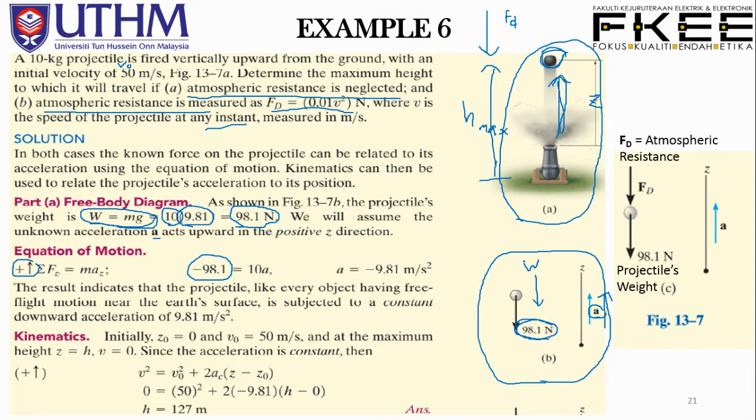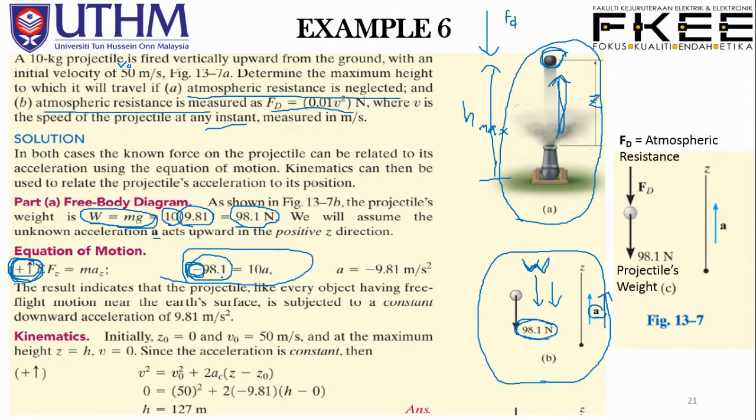The weight of the projectile itself is used to calculate F equal to ma. Remember the weight is acting downward, but we defined positive as upward, so we have a negative sign.